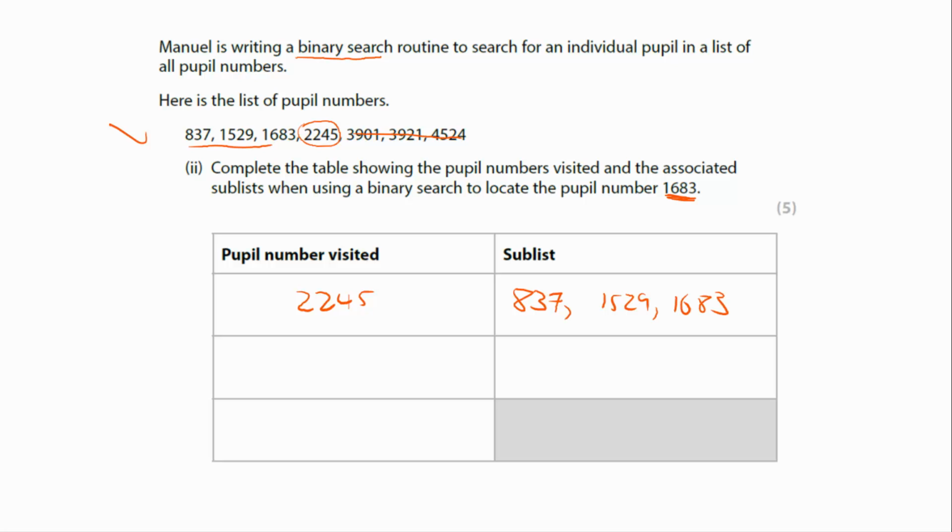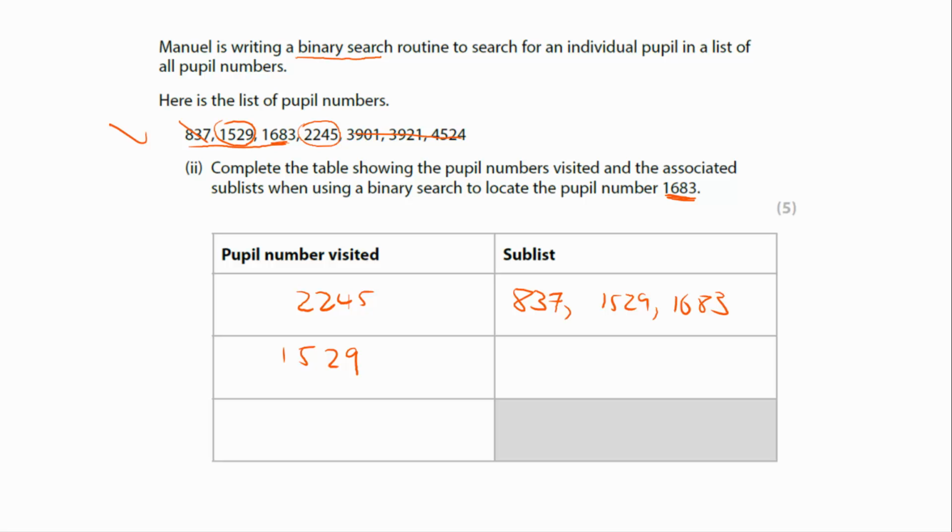And then we are now just dealing with this, and the middle of this list is 1529. Again our sublist just becomes our target number, because we can compare our target number to our visited number, and it's bigger, so anything smaller isn't going to have it.